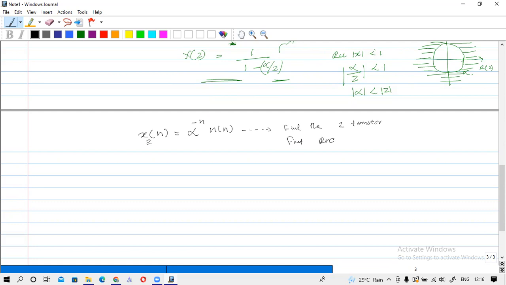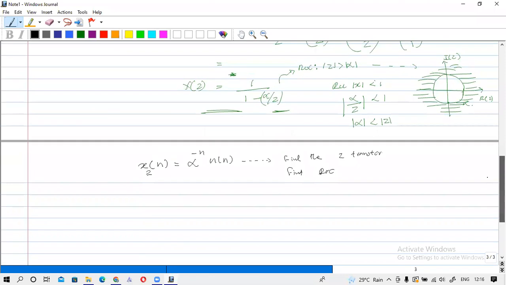You can use this result. If you use this result, it is okay. Try to find this and tell me the ROC within 5 minutes.